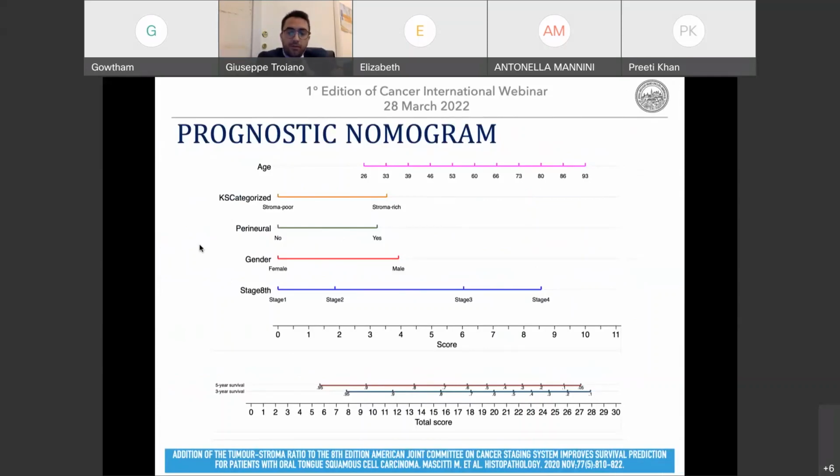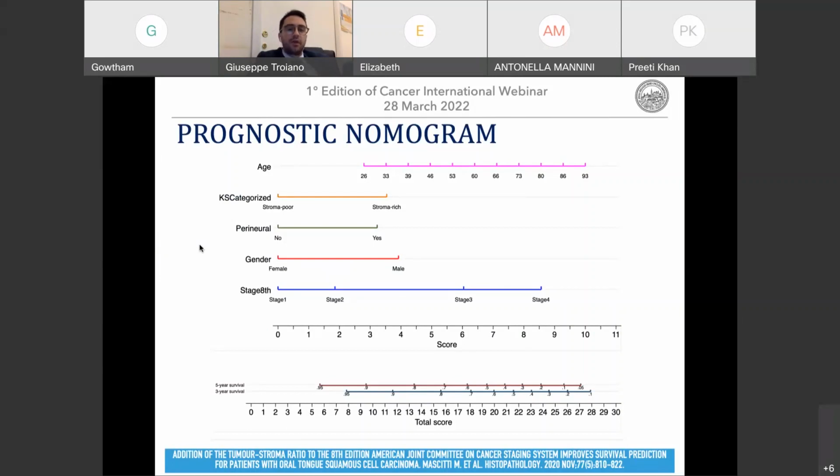We have the development of prognostic models using more prognostic biomarkers. They can be both histological or molecular, and to allow easier understanding, some tools have been developed. This one is one of these that we developed in 2020.